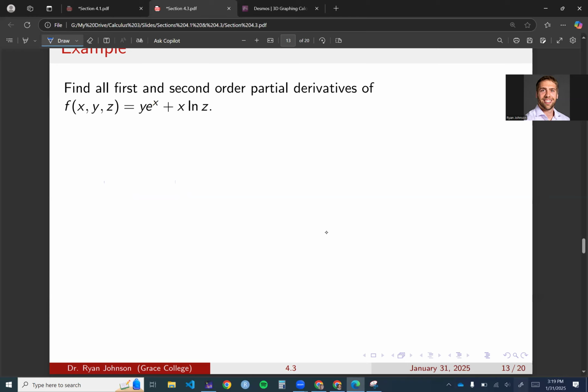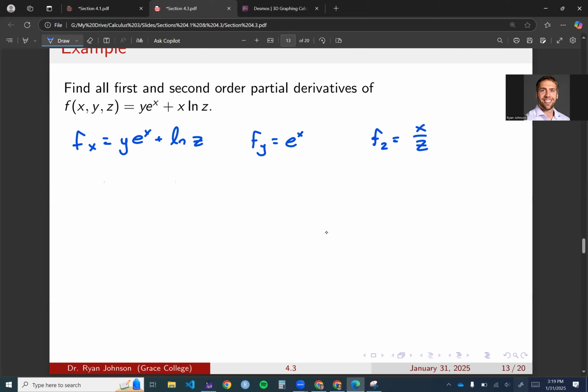Let's get started. So f_x is going to be y e to the x plus natural log of z. All right. f_y is just going to be e to the x, and f_z would be x over z.